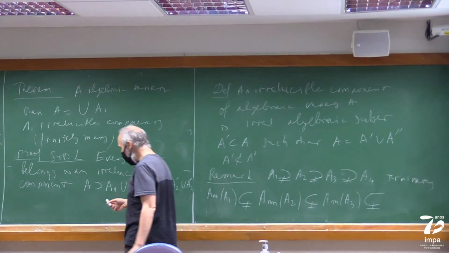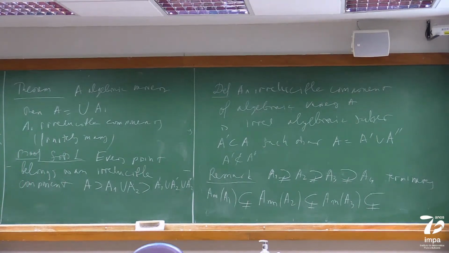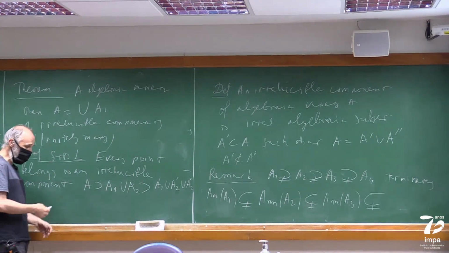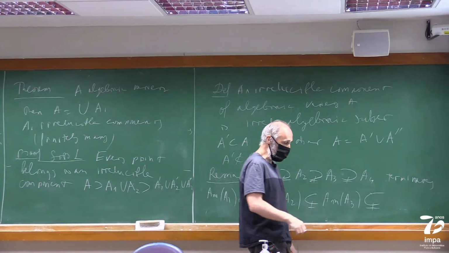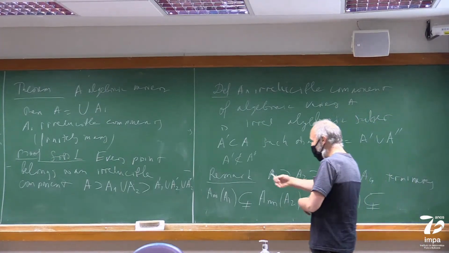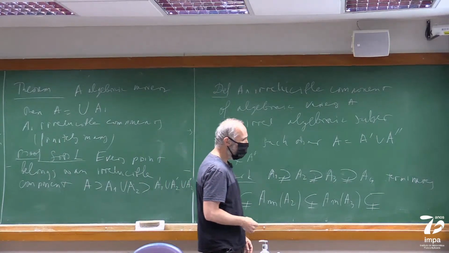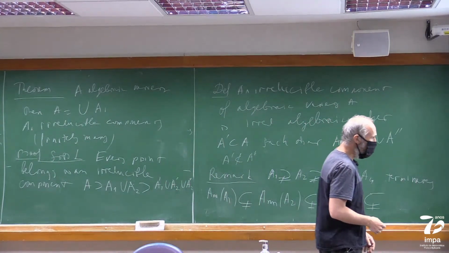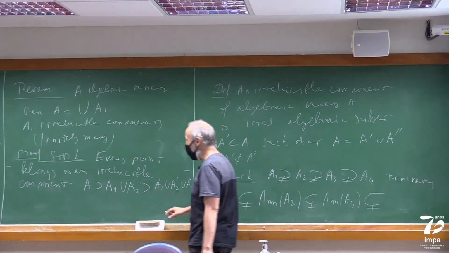So this splitting of a variety into smaller subvarieties has to terminate, and this means that every point is contained in a subvariety which doesn't split further. Otherwise, you could split it and split it and obtain a descending chain, which is impossible. Okay, so we proved the existence of irreducible components.